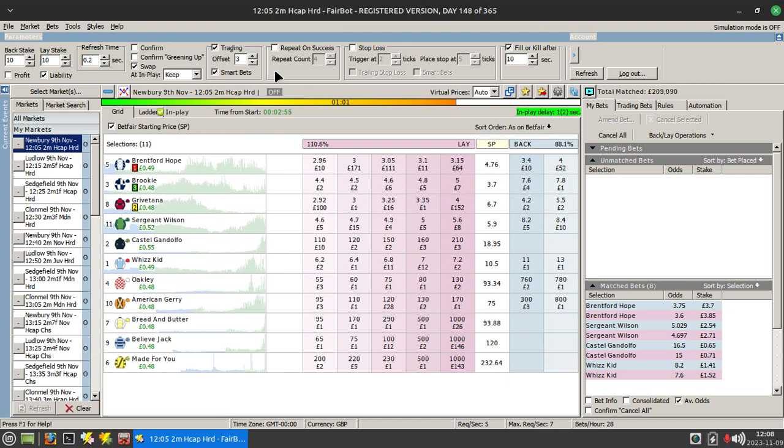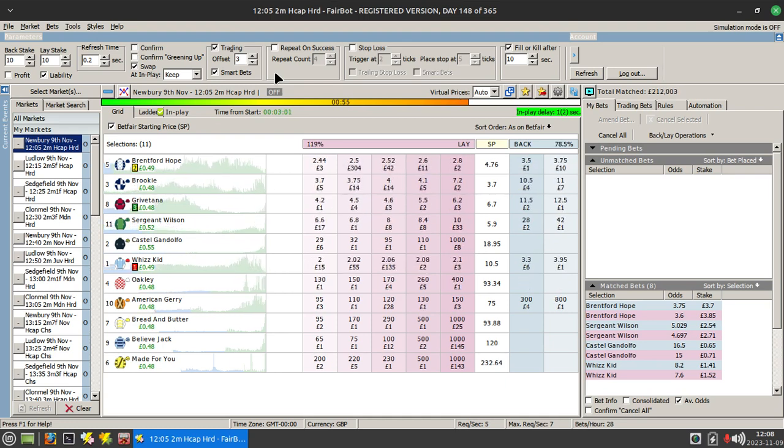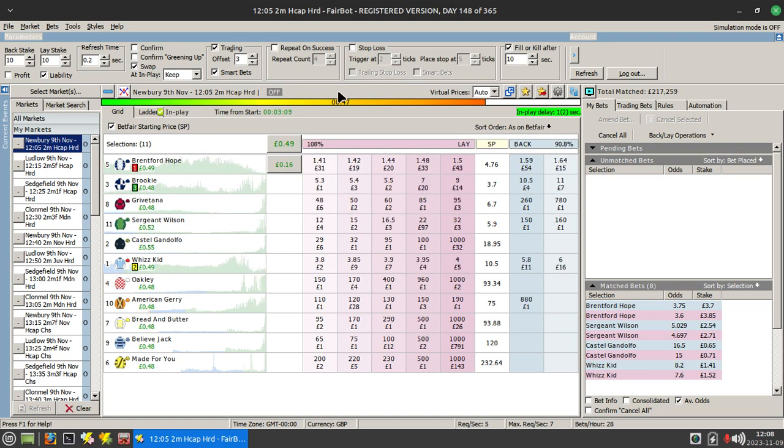Conversely, if you increase that, you'll get a better profit per trade, but you won't get as many trades going through in the market. Similarly with the killer fill, you may find in the longer races you might want to increase that, because certainly if you're entering the market in the first half, you may find that with a killer fill of 10 or less, lots of your trades don't get matched because the market isn't moving enough at that stage in the race.